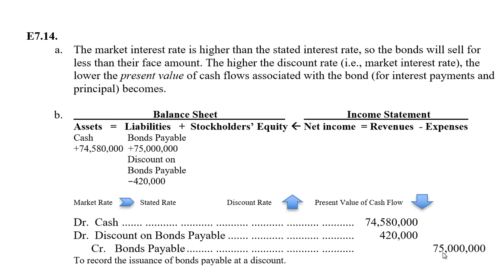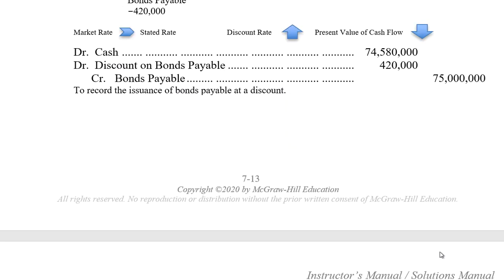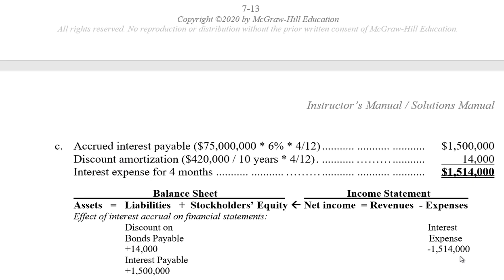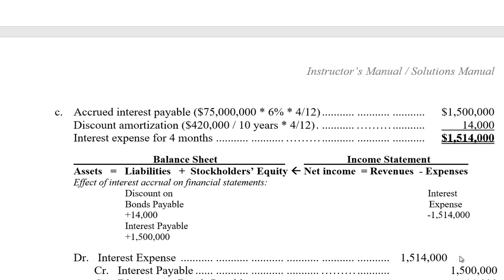And you'll see that the face amount of the bond is $75 million. Now that's B, okay? But then let's go down here. Look at this, they're asking us to calculate the interest on this bond. So on notes, you just get proceeds and then you take the discount and you amortize it. But on bonds, you have both interest that you're paying or receiving, depending on which end of the bond market you're on, but you also have a discount that you have to amortize.